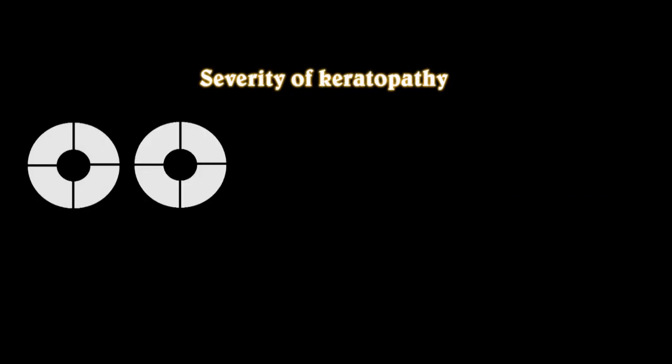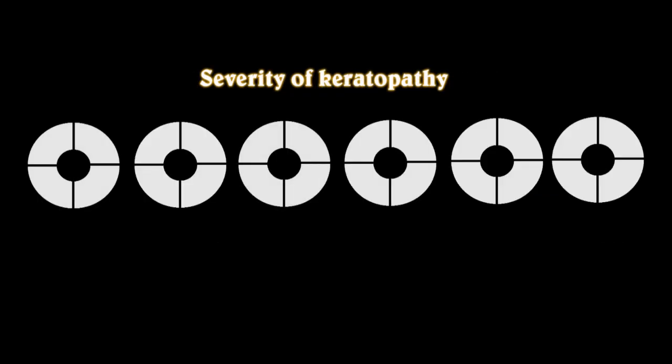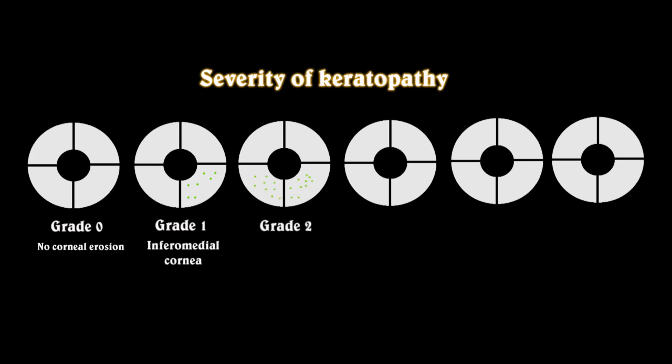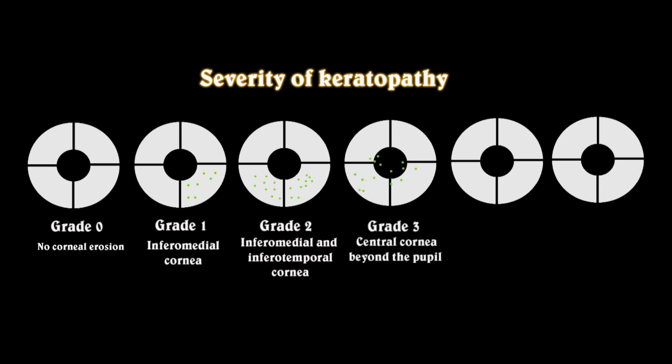The severity of the resulting keratopathy is classified as Grade 0, wherein no corneal erosion is seen; Grade 1, involvement of the inferomedial cornea; Grade 2, involvement of the inferomedial and inferotemporal cornea; Grade 3, involvement of central cornea beyond the pupil; Grade 4, involvement of 2/3 of the cornea; and Grade 5, wherein corneal ulceration is present.